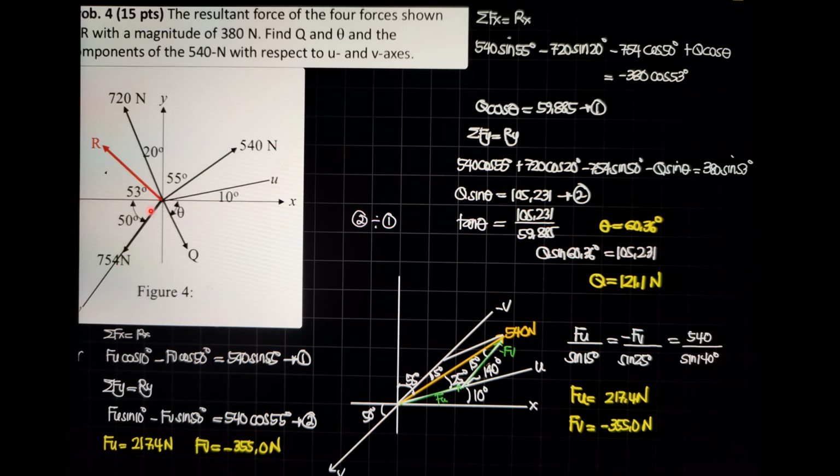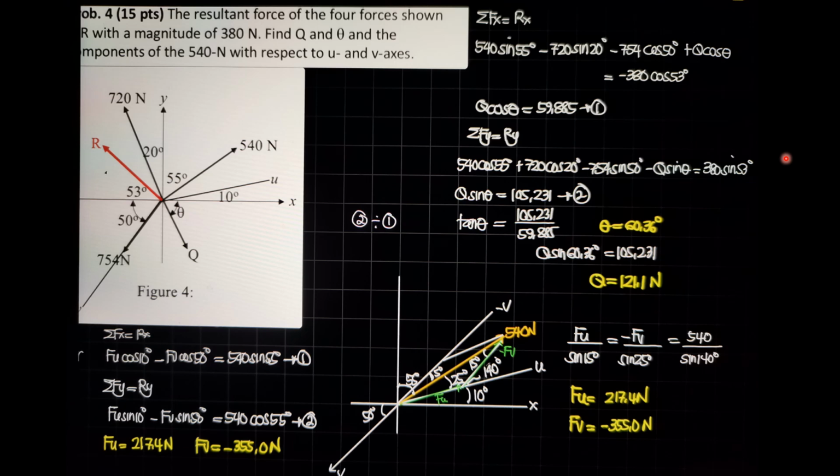The y component of 754 is downward, so negative 754 sine of 50. Then the y component of q is negative because it is downward, it is minus q sine of theta. Then equals the y component of the resultant, which is positive, it is upward, 380 sine of 53 degrees.